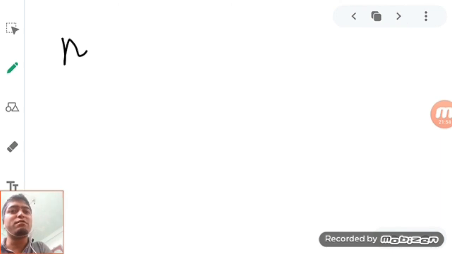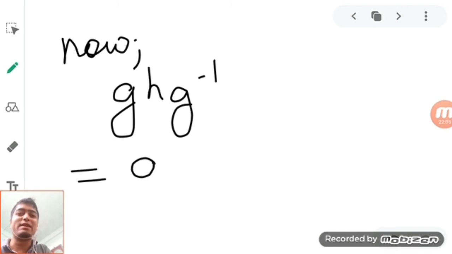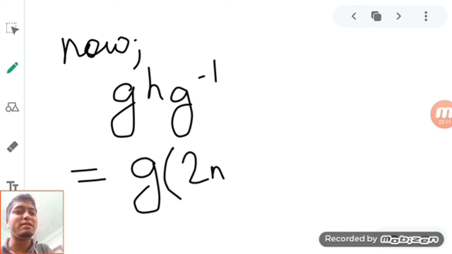Now we need to get that normal condition, so we'll start with that: g h g inverse. g we cannot replace with anything because it is an integer, no particular form. But h is an even integer, so we can write it as 2n.